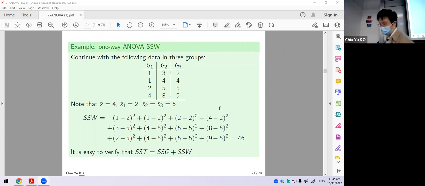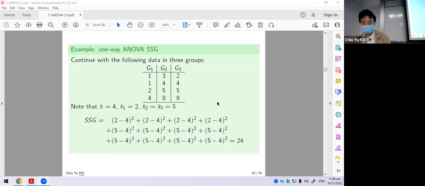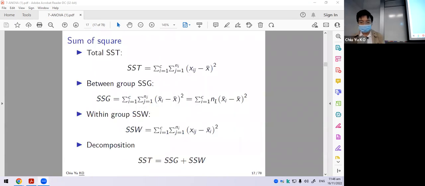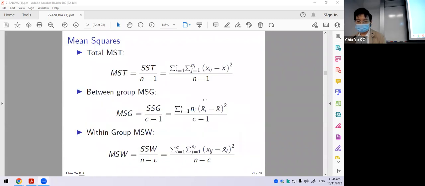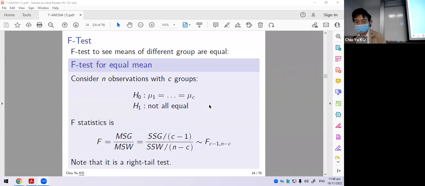So you don't need to worry too much about the calculation, because you just click and it comes out. But it's good that you understand the formula behind, because these are just three different ways to measure variance, and you should expect one to be bigger than the other if the null is not true.